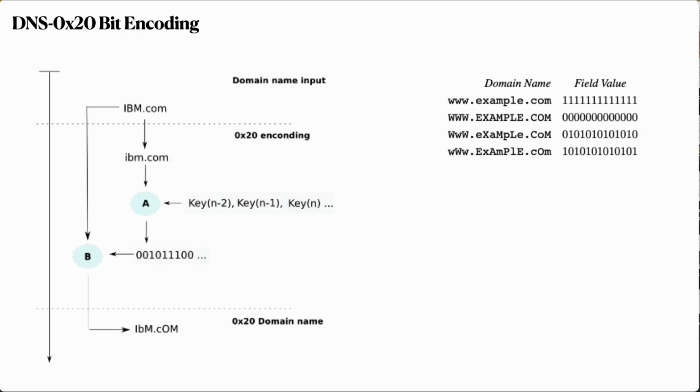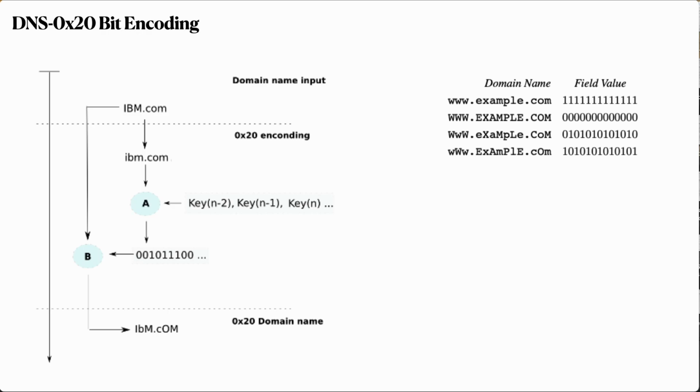So now we come to the mitigation of this DNS cache poisoning attack. In this paper, it proposed a DNS 0x20-bit encoding mechanism. How it works is, after a domain name input arrives, either from a server or a query from a resolver, the query fields will be transformed into all lowercase, and then the query will be encrypted using maybe AES, and the key will be shared by all queries on this recursive resolver.